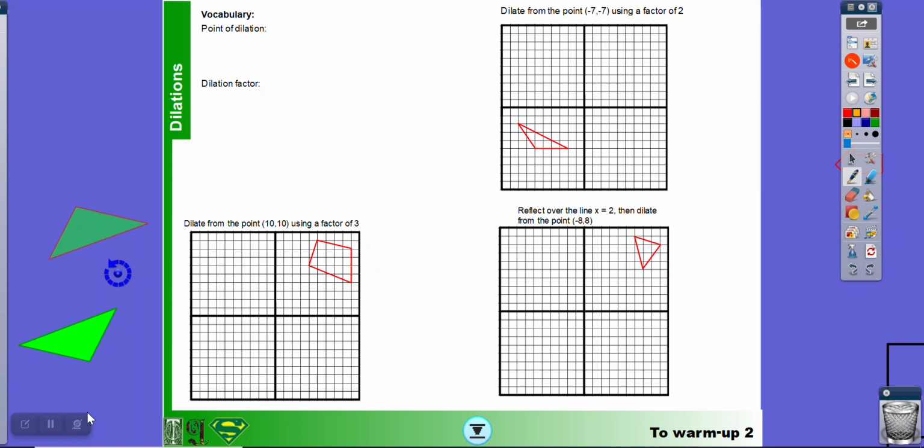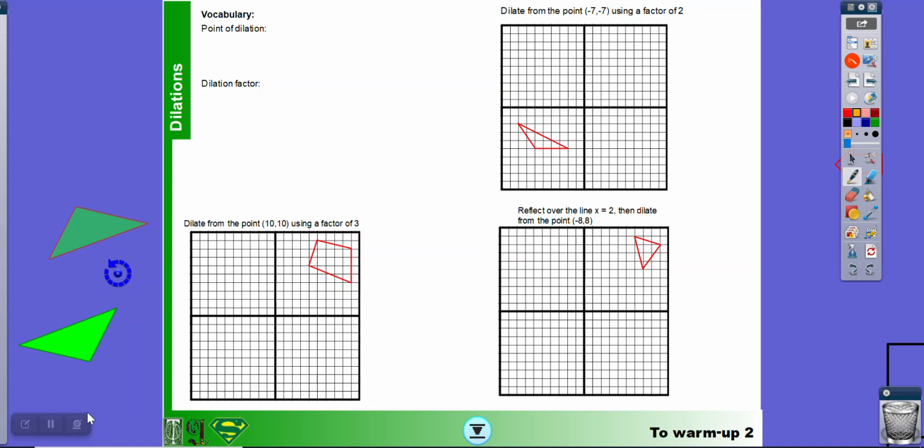Yes? In video games, when you get further away, things shrink. Oh, video games. So what perspective video games are we talking about? First-person video games are using dilations to make it look like you're actually in the world. And when those zombies come after you, and they're running right at your face, that's a dilation.